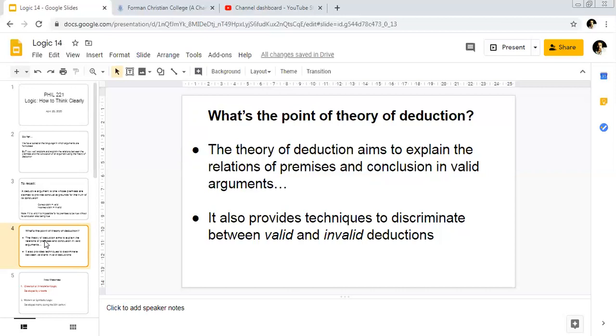We've already done this, but now we're going to be looking at it in a theoretical way. And this is another important point, the second point. It also provides techniques to discriminate between valid and invalid deductions. By that, it means that we'll be able to tell which of the arguments are valid and which of them are invalid by applying and using theory. So that is what is going to make this very interesting.